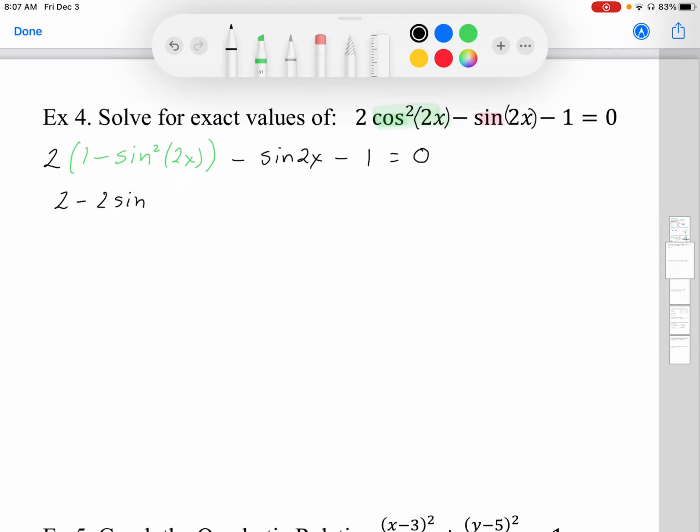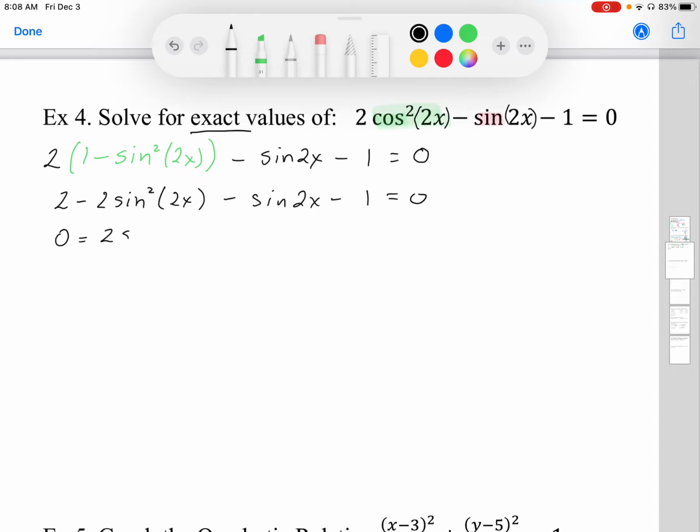And I'm going to make the coefficient of 2, that negative, positive because I don't like it as negative. Since we're being asked for exact values, we're going to have to factor this and find some special angles to solve this. So I'm going to put everything to the right-hand side.